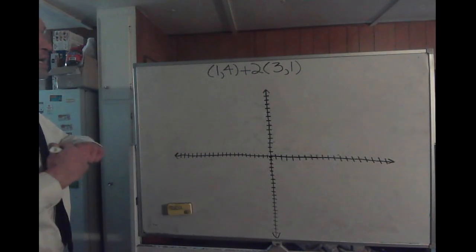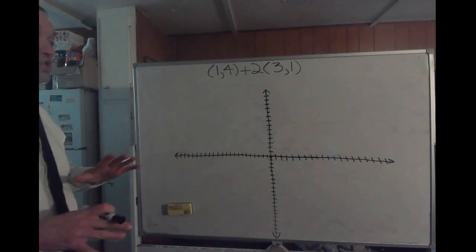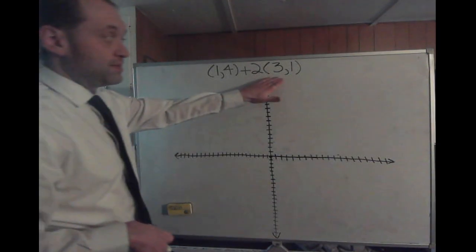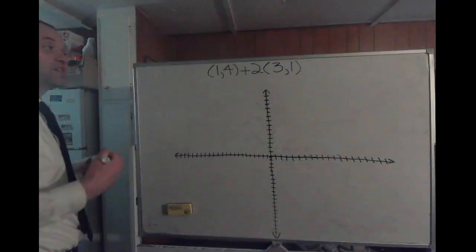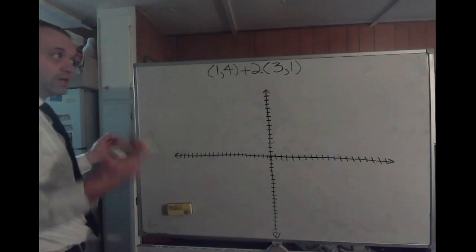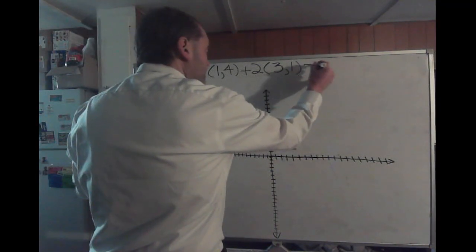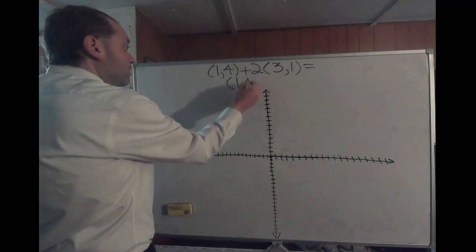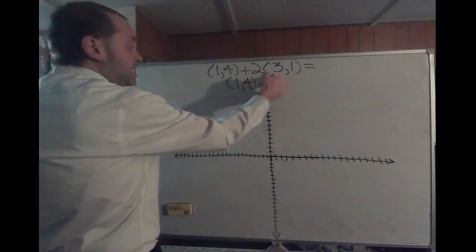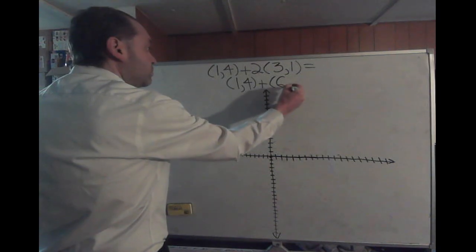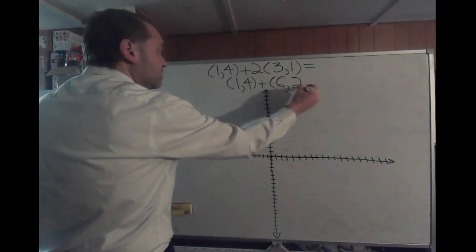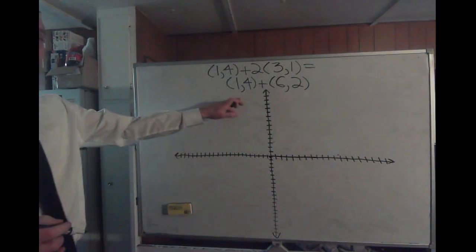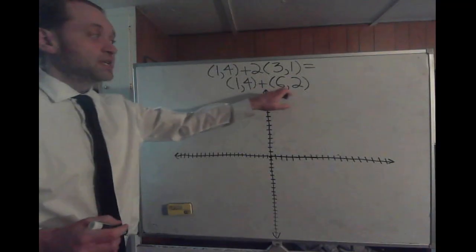Well, first thing you want to do before you do anything is multiply this vector of 3, 1 by your scalar multiple, right? You treat it like you would any other order of operations. That's going to give you a vector of 1, 4 plus then 2 times 3, that is 6, 1 times 2, that is 2. So your real vector is going to be 1, 4 plus 6, 2.